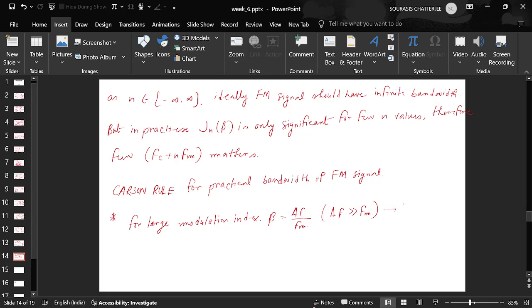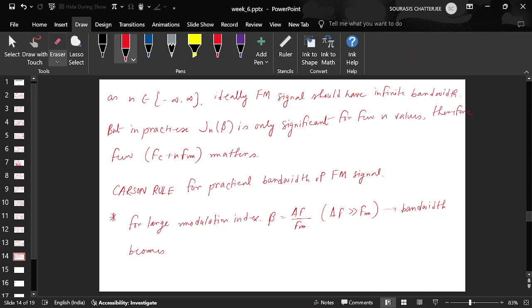So in that case, the bandwidth approaches the maximum frequency deviation. This is your maximum frequency deviation.